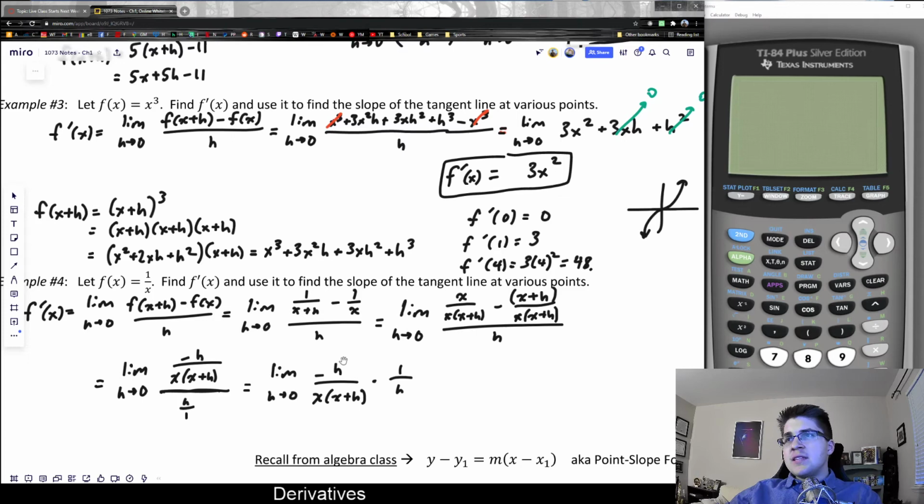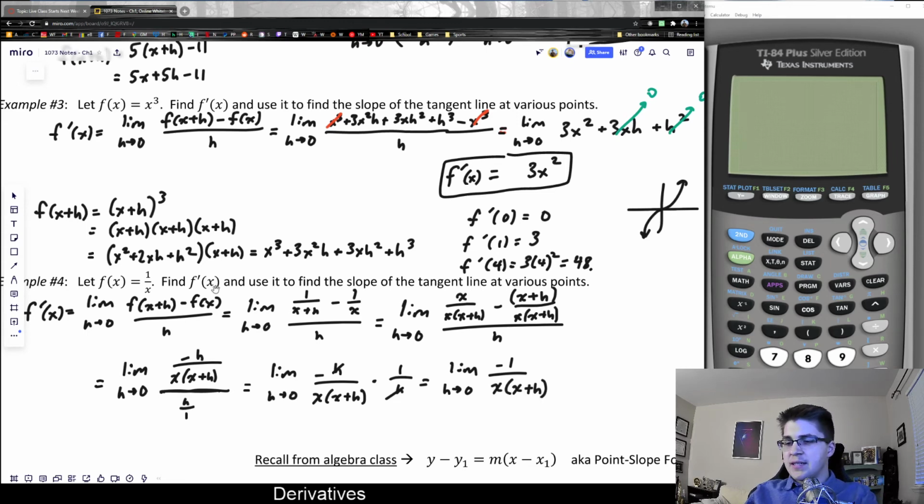And now you can see that I have a common factor, because when multiplying fractions, it's top times top and bottom times bottom. So this would just be negative h divided by x times x plus h times h. Or we could use the cross cancellation rule, because h divided by h makes 1, and that will cancel out. So what I will be left with is the limit as h approaches 0 of negative 1 on top, and then x times x plus h on the bottom.